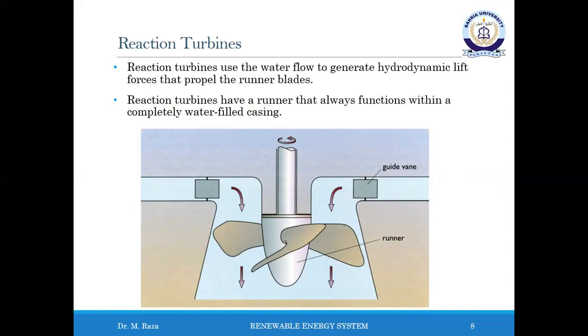Reaction turbines have a diffuser known as a draft tube below the runner through which the water discharges. So over here, the draft tube decelerates the water discharging and reduces static pressure below the runner, thereby increasing effective head.